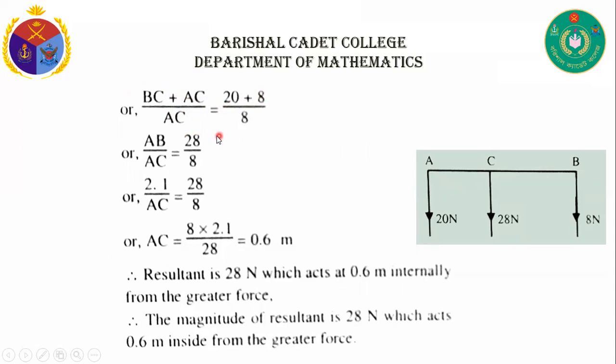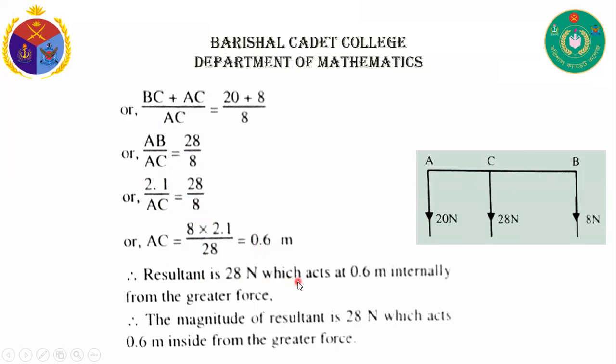So BC plus AC divided by AC equals 20 plus 8 divided by 8. We know that AC plus BC equals AB, that is the whole part. So AB by AC equals 28 by 8. We know that AB equals 2.1 meter. So 2.1 over AC equals 28 by 8. So AC equals 8 into 2.1 divided by 28, that is 0.6.